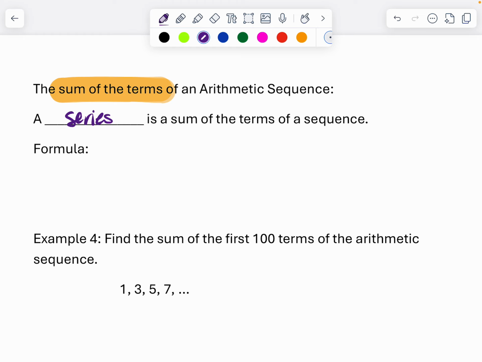So the formula is this: the sum of the first n terms, that's what that means, equals the number of terms that you have, divided by 2, and then it's the first term plus the last term. Okay, so again, let's just label these things. n stands for the number of terms.